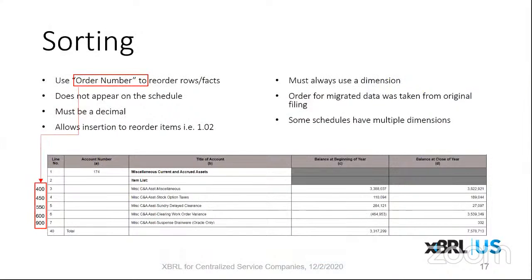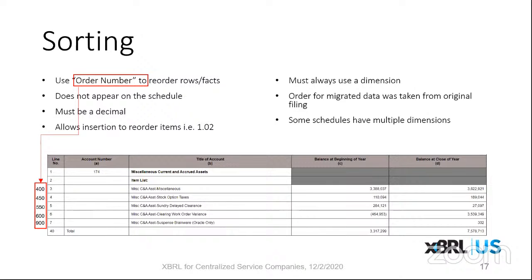One of the issues, obviously, with this is how do I sort this stuff? You may have these things in a row, but you want to be able to control which order they appear in. It's because when the data is reported in XBRL, it's really just a list of all these facts. To control the order, there's something called an order number that you can put on each individual row.